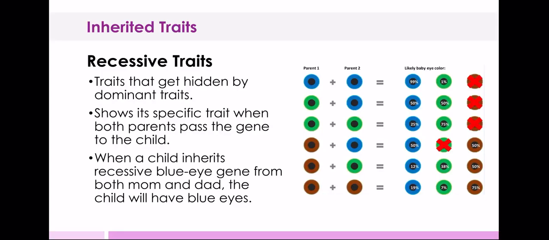We know light colored or blue eyes are known to be a recessive trait, whereas brown or dark colored eyes are a dominant trait. So you can look at the percentages on your right there. If two parents have blue eyes, then it's a high likelihood, 99% chance, that the child will also have blue eyes.